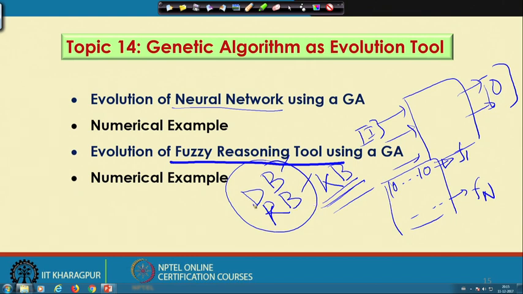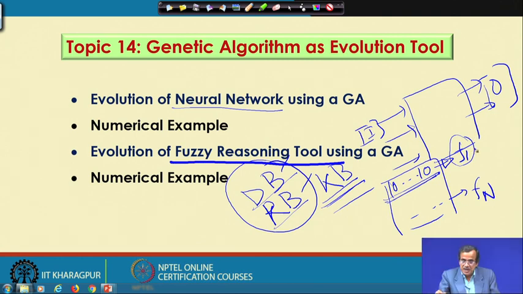So, all such information of the database and rule base we can put in the GA string, and in the whole population, if the population size is capital N, we have got capital N number of fuzzy reasoning tools, and for each of these fuzzy reasoning tools, following the principle of the batch mode of training, I can find out the fitness, which is nothing but the mean squared error in prediction.